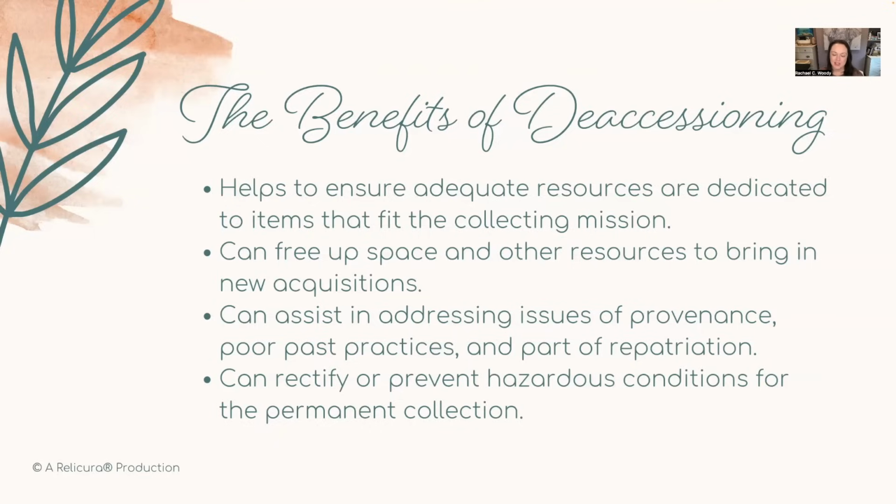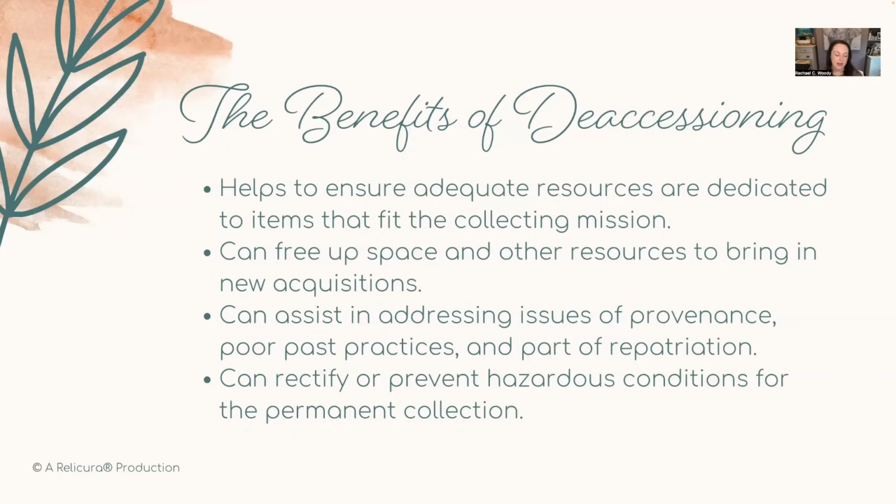Also, it can assist in addressing issues of provenance, poor past practices, and be part of repatriation. So items make their way into our collection that perhaps never should have left their community of origin. And so deaccessioning from the museum as an active process can help in repairing those relationships and having those items repatriated back to their communities of origin.